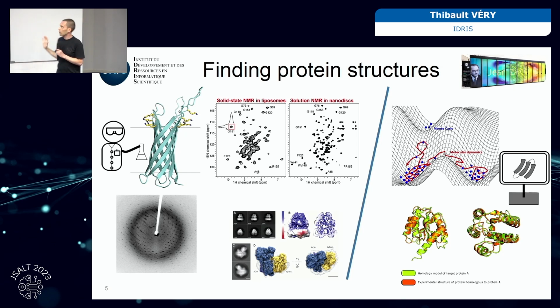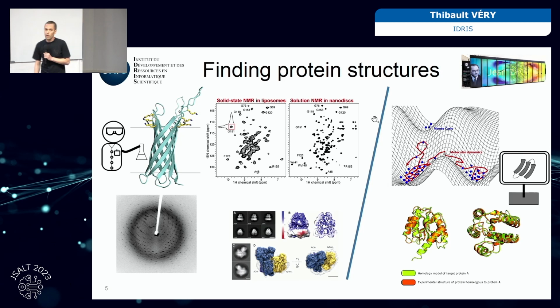You have several families of numerical methods. For example, you have the sampling of the conformational space, so all the positions that the atoms can take in space, and that's what is depicted here.